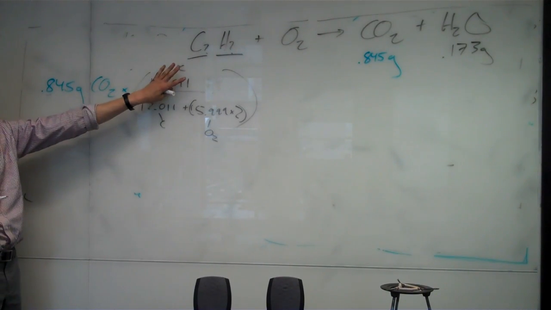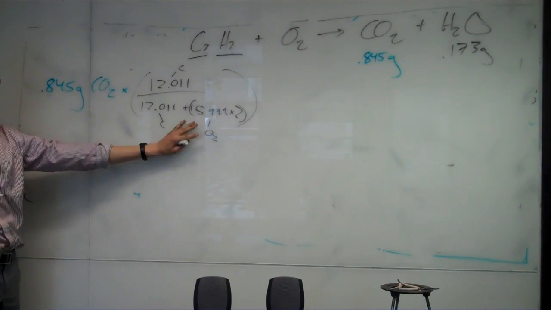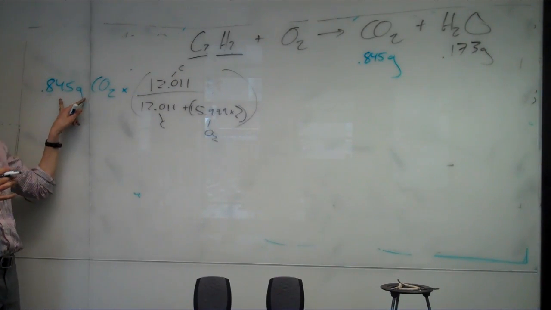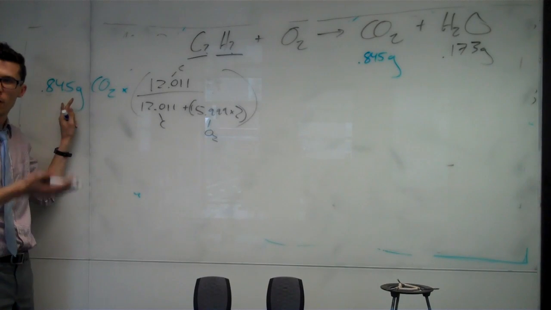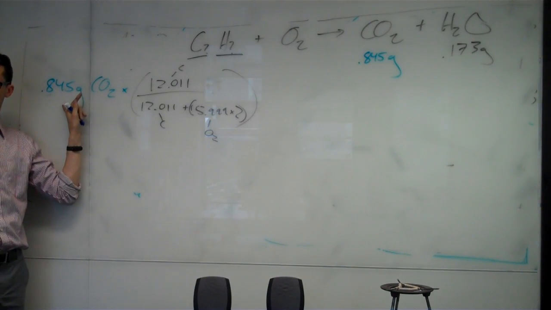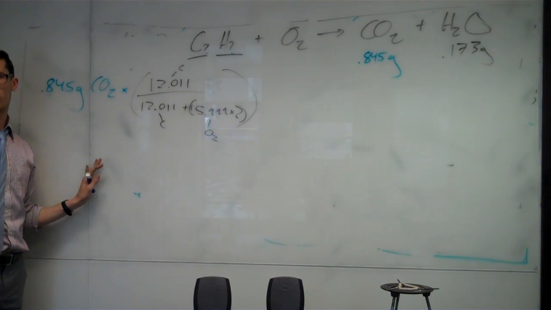This gives you the percent of carbon in carbon dioxide. So if you take this ratio and multiply it by the grams of CO2, you get the grams of carbon in CO2, which is what we want. It's just a trickier start to an empirical formula problem like we did just a few minutes ago.